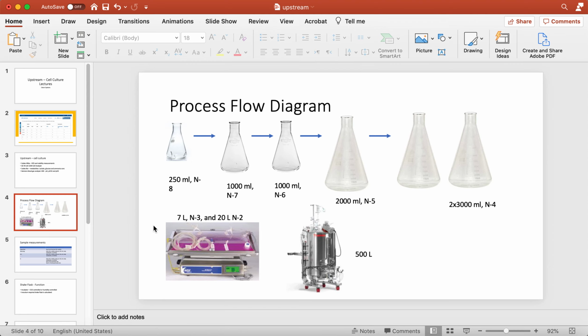In the seeding bioreactor, there's a target seed VCD, which is roughly 8 times 10 to the power 5, which is 20 liters, and then 7 times 10 to the power 5 cells per ml.